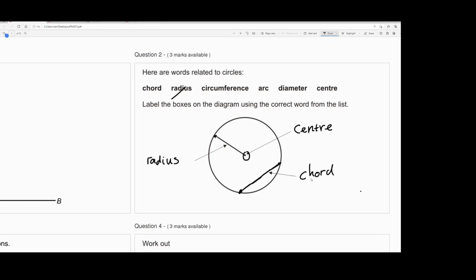Okay, so we've got those different circle terms. And do you remember what a line which touches the circle is called? So if it just touches it in one place. So that is actually called the tangent.